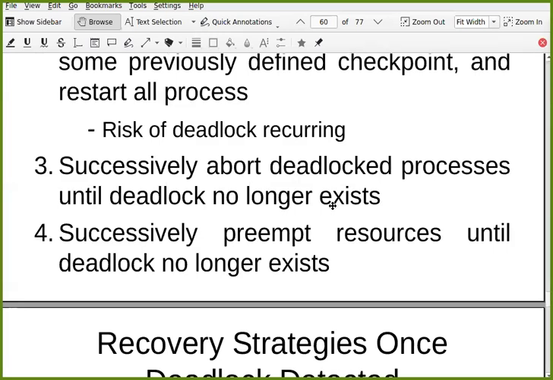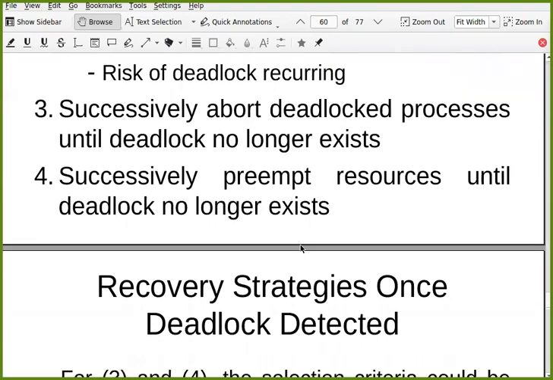Which process will I select first to abort, or from which process will I preempt resources? So there are two ways: either you abort the process or you just preempt the resources, right? But both these steps require some criteria to select the process which you may want to abort, or the process from where you want to preempt the resources.